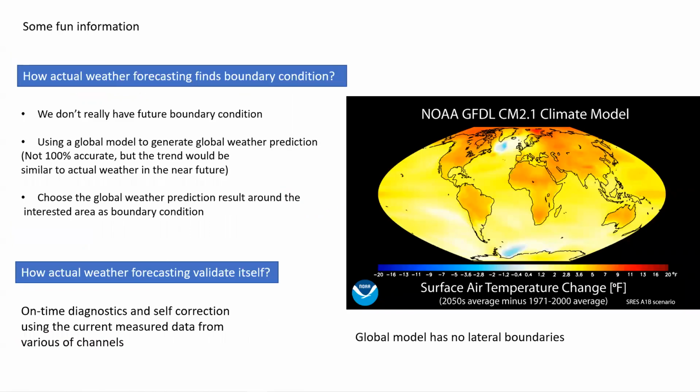And the last is some fun information about real weather forecasting. After the previous things, you might be wondering how we offer actual boundary conditions for real weather forecasting, because we are predicting the future.